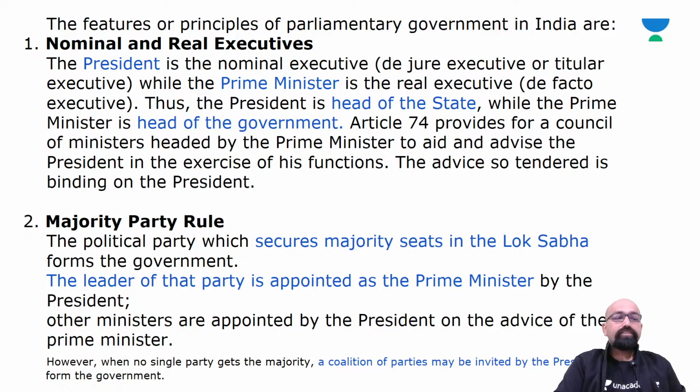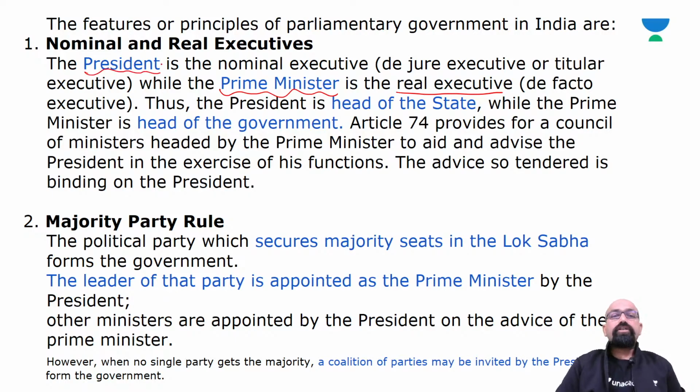There are a few features of the parliamentary government system, the first being nominal and real executives. The president is the nominal executive, that is the de jure executive or titular executive, while the prime minister is the real executive, which means the de facto executive.